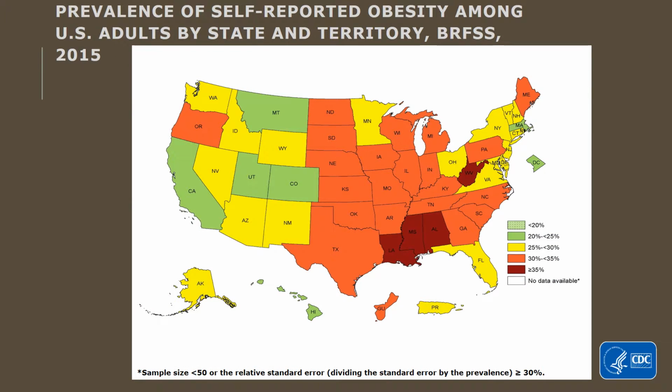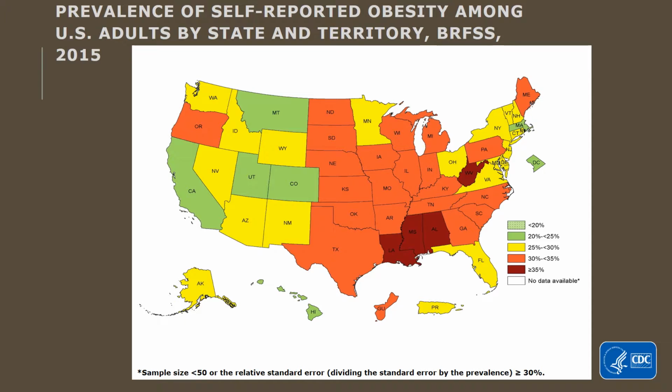Here is the most recent obesity map published by the CDC. This is from BRFSS data in 2015. And what you see is the green colors are the lower percentages of obesity. So if, for instance, let's look at Montana.